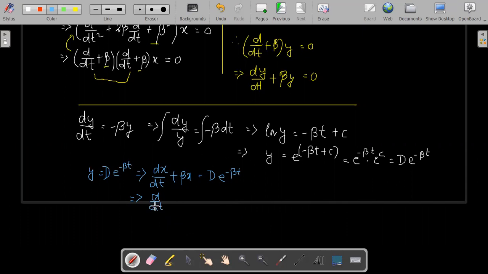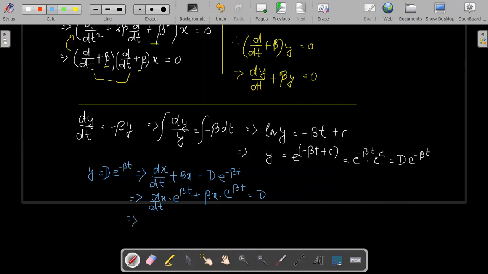If I divide here, it will be d/dt of x into 1 divided by e to the power minus beta t. If you take it in the denominator, you can simply write it as e to the power beta t, and then plus beta x is there, and then I divide this side as well, so I can write e to the power beta t is equal to D e to the power of minus beta t divided by e to the power beta t. So that gets cancelled, and I'm left with only the term D on this side.